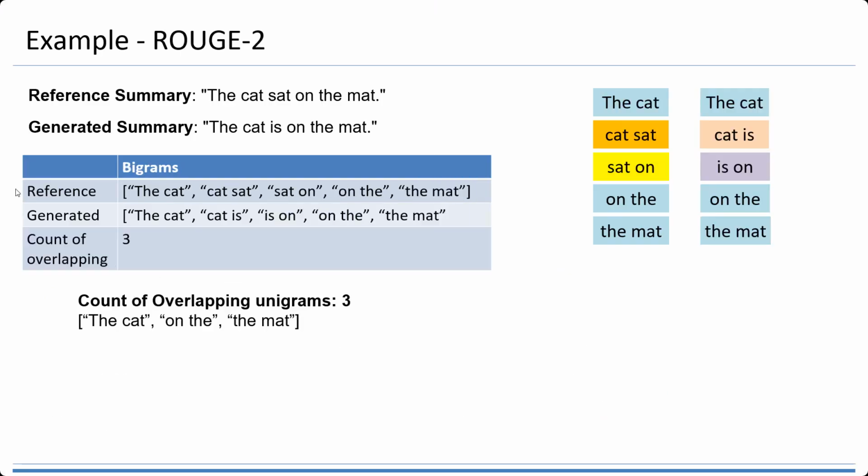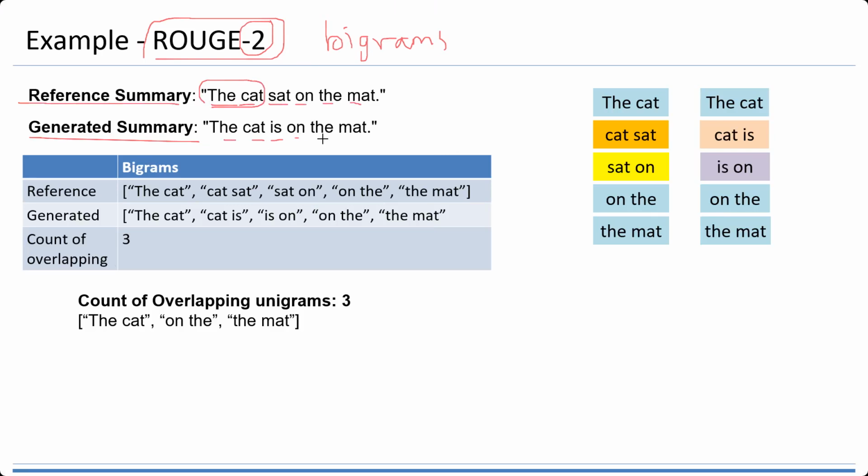Now let's suppose we have another metric which is ROUGE-2. The 2 means bigram. With bigrams, it means we want to check 2 words. Let's say this is the reference summary and this is the generated summary. The cat sat on the mat.